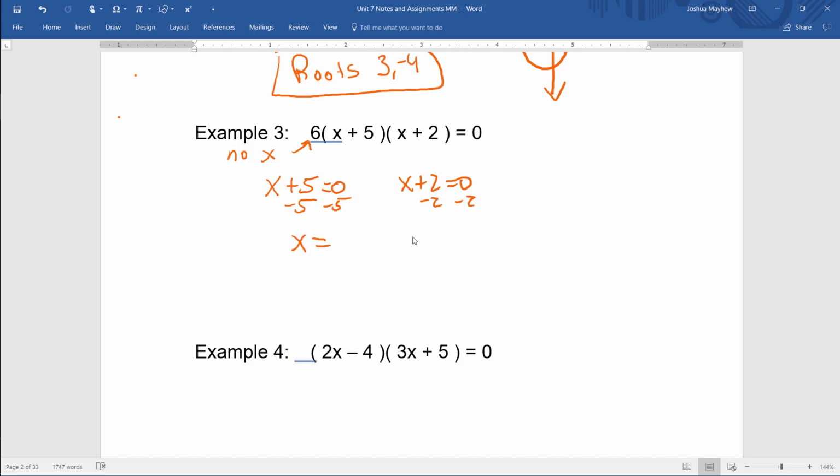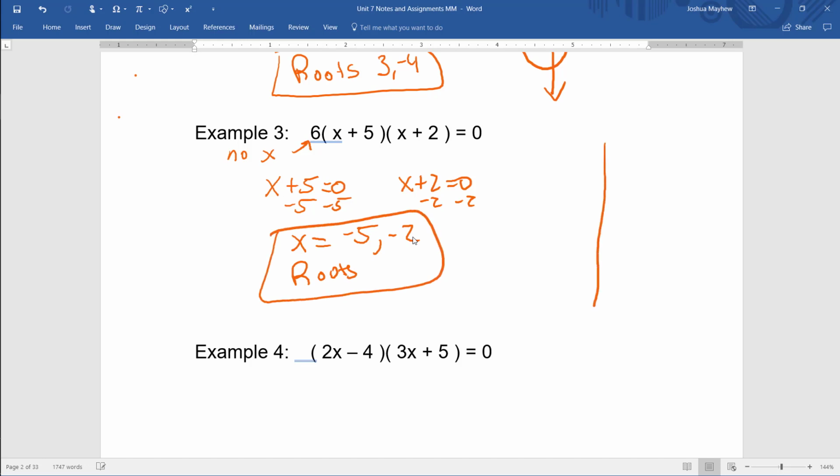So my roots are negative 5 and negative 2. Again, this one is going to face up. Negative 2, negative 5, about right there. You can get a good sketch of our graph.